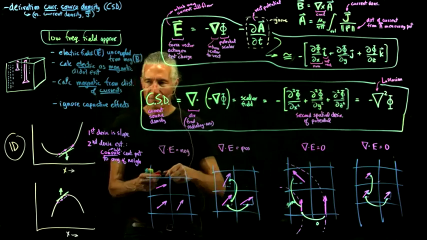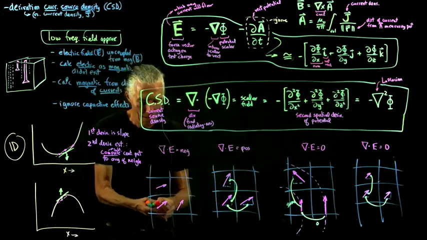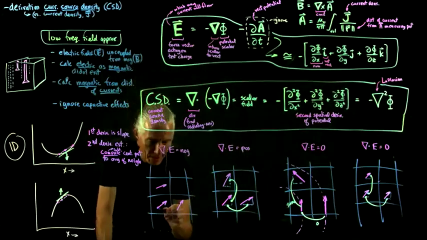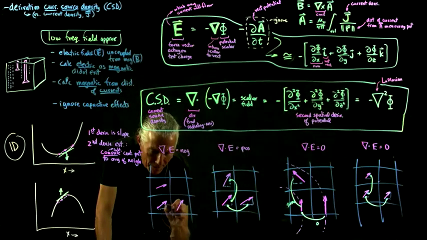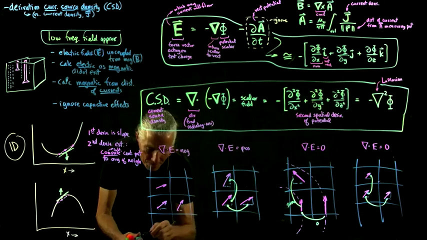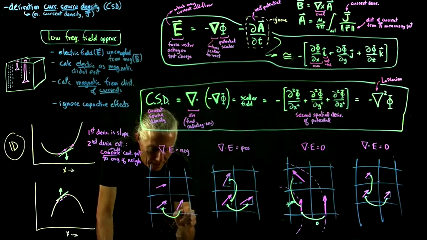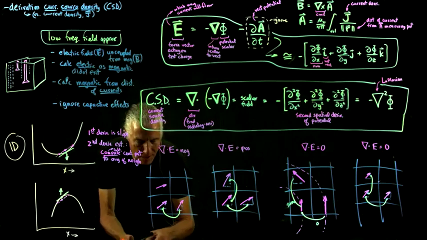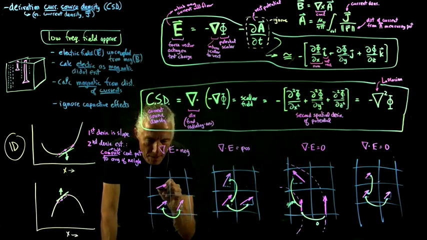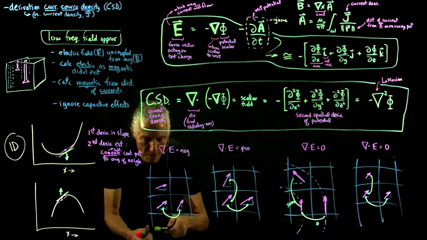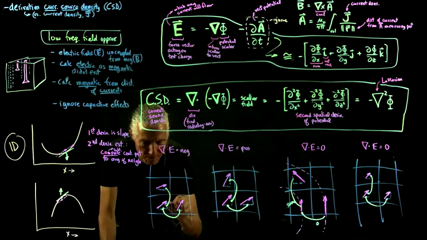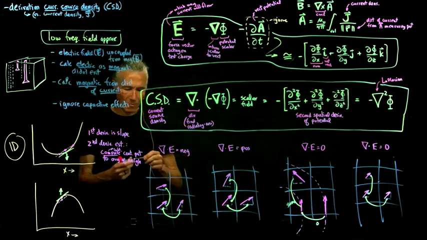They're all pointing off to the right, but in this case, when you went in the x direction, the component got smaller, and when you went in the y direction, the y component also got smaller.